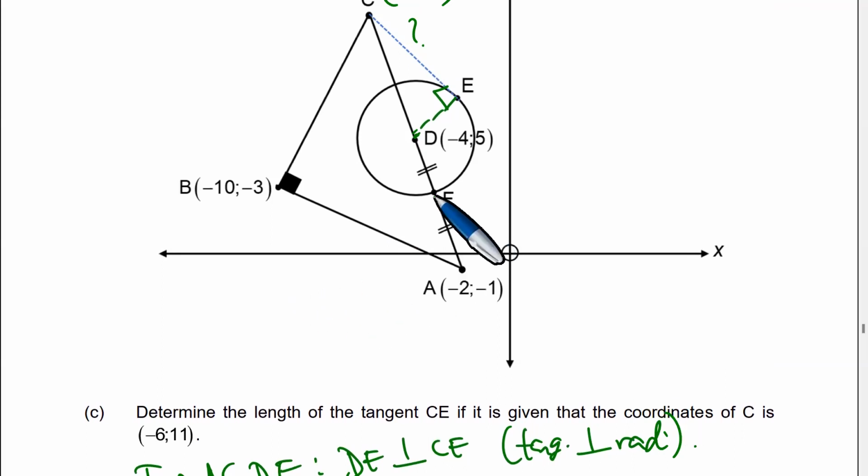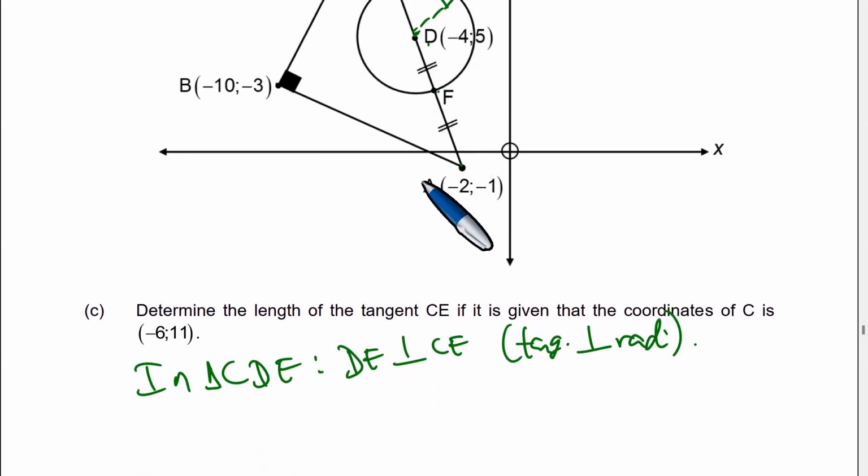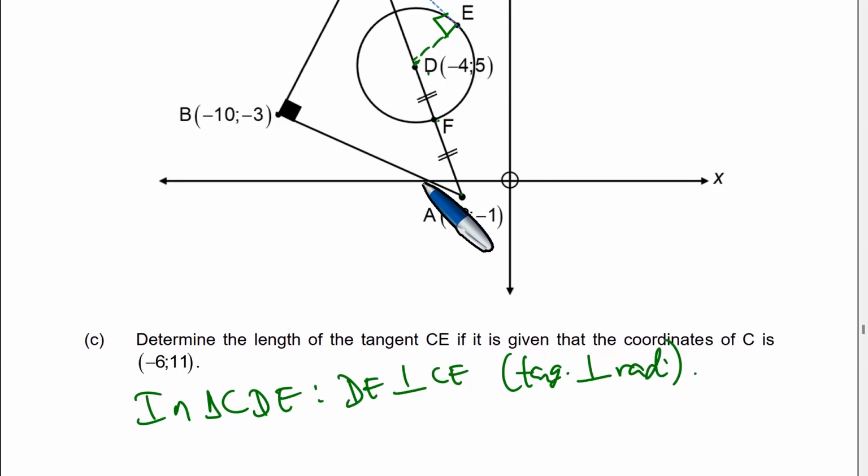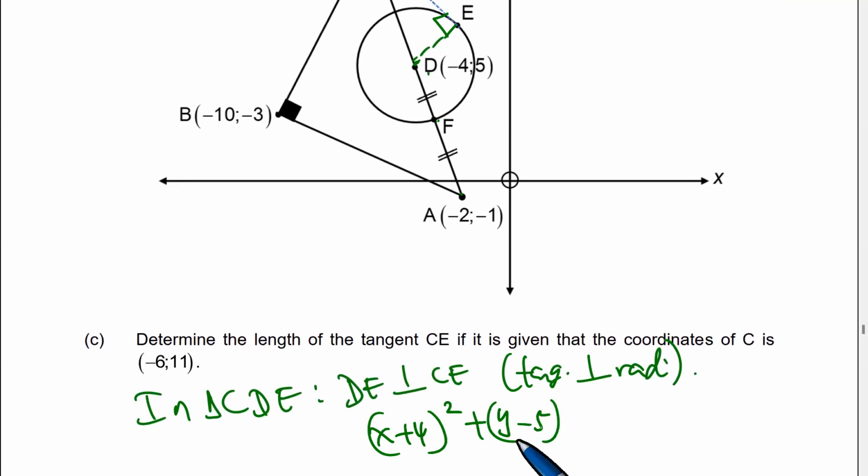What is DE, the radius of this? Obviously you know a couple of things, like this distance is equal to this distance. We've already found some distances. We got the equation of this circle, and we got the radius. The equation of this circle was x plus 4 squared plus y minus 5 squared, with the center at D, and this was equal to 10.